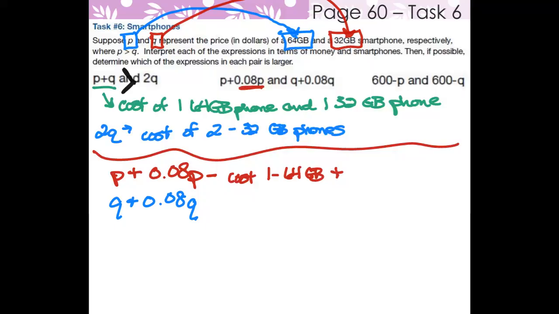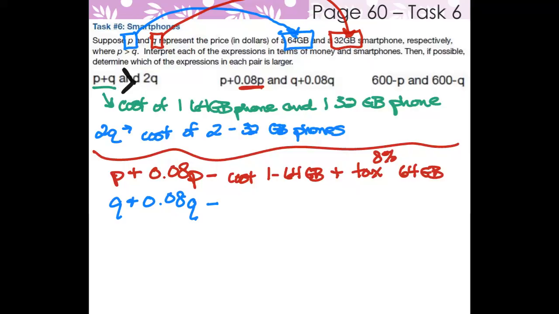And what is it that we could maybe take 0.08 times P? If P is the price of this 64 gigabyte, what is 0.08 times that? What could that represent? So close. If it was a discount, though, I probably wouldn't be adding it. What is it? Tax. Yes. So it's the cost of a 64 gigabyte phone plus, usually there's like 7 or 8% sales tax, plus the tax, in this case, 8% on that 64 gigabyte phone.